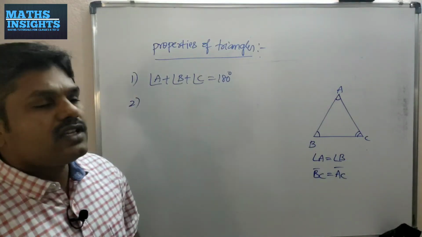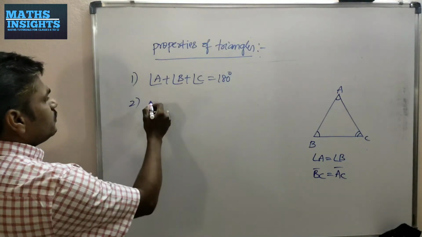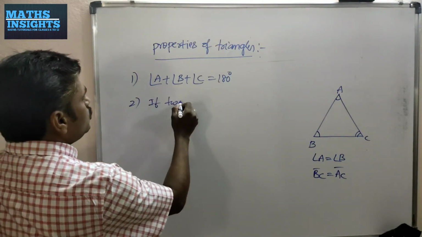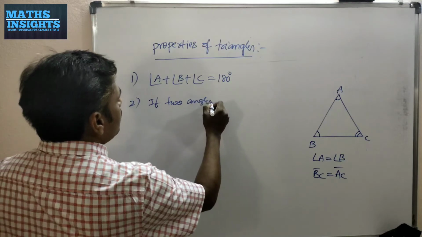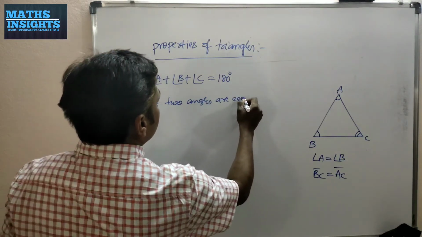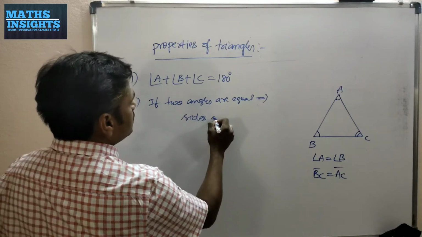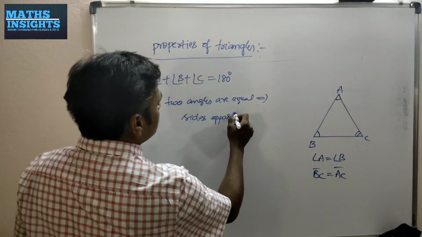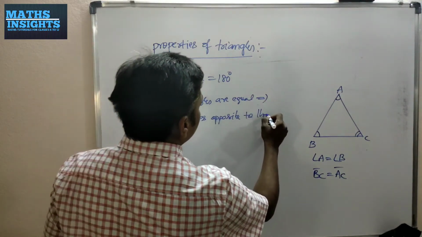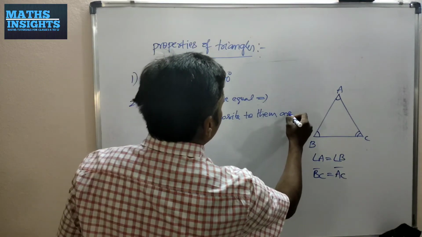This is the meaning of the property. If two angles are equal, that implies the two sides opposite to them are equal.